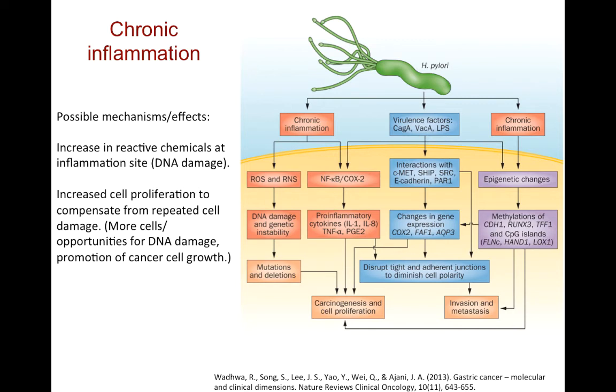These can damage DNA as well as other cellular components. The damage in DNA can lead to changes that promote carcinogenesis. Also, with the constant or repetitive cell damage, cycles of cell proliferation often occur, and this gives more opportunities for DNA damage and potentially allows cancerous cell growth.